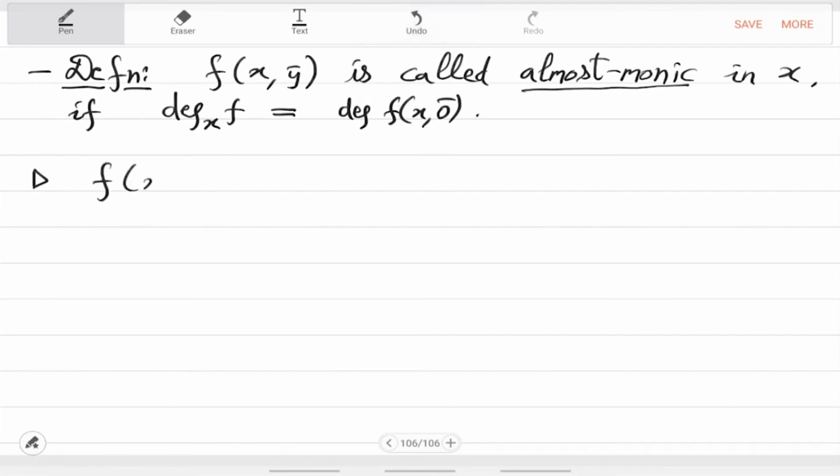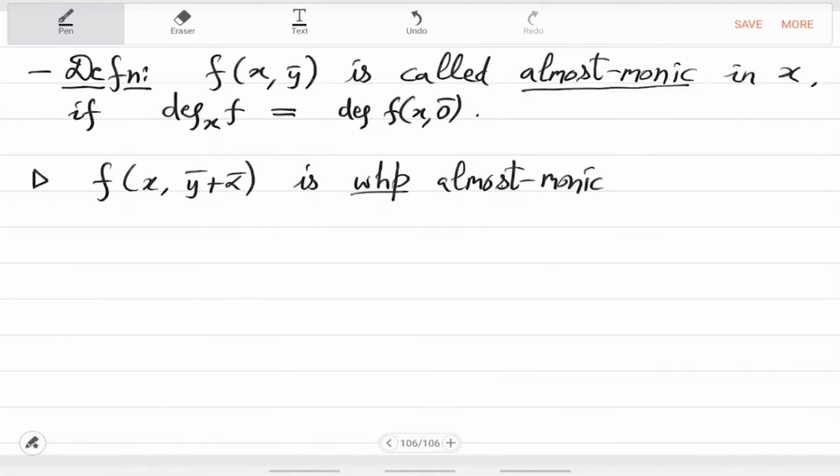So f of x comma y bar plus alpha bar is, with high probability, almost monic, for alpha bar randomly picked from S to the n. Is this clear? The proof is just an application of the previous lemma.